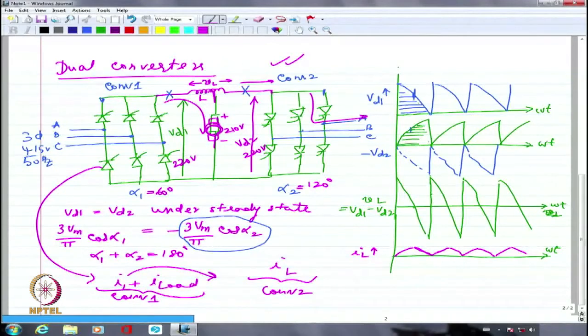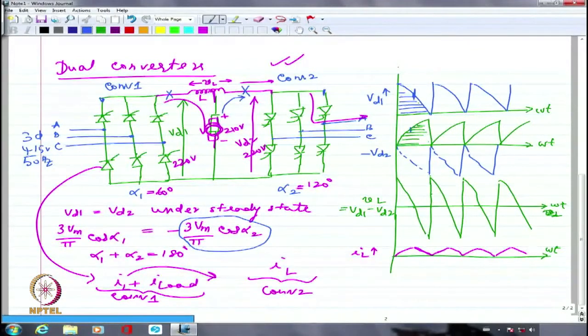If I now want the current to flow from here to here, rather than from the rectifier into the motor drive as it was originally flowing, and I want it the other way around because I want the machine to work as a generator and feed back the power, then first of all I have to make sure that this voltage VD2 becomes less than my back EMF.